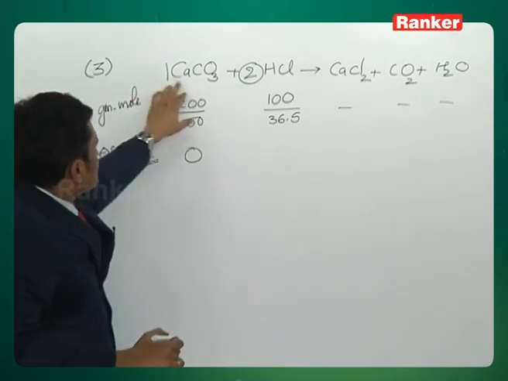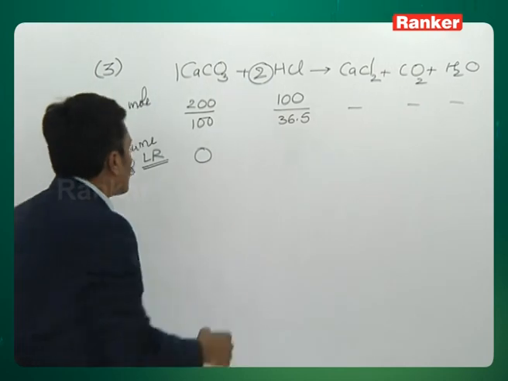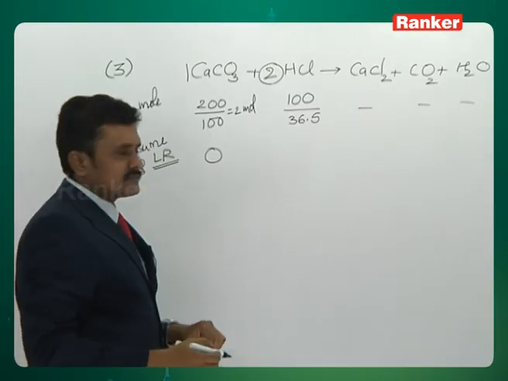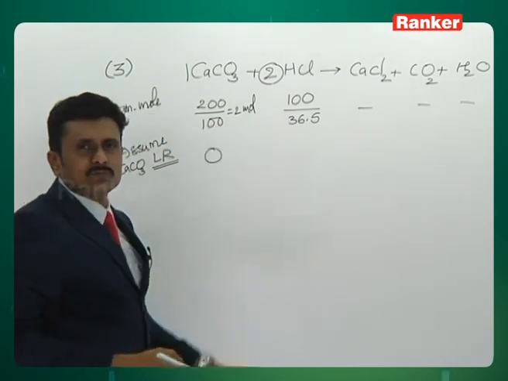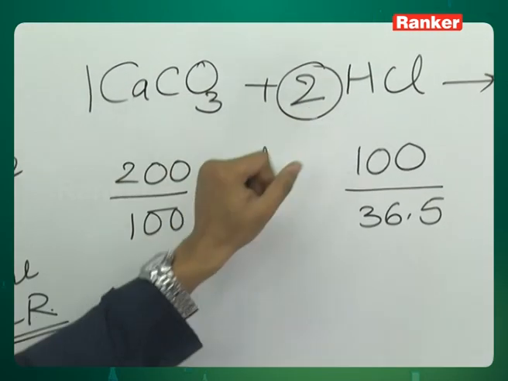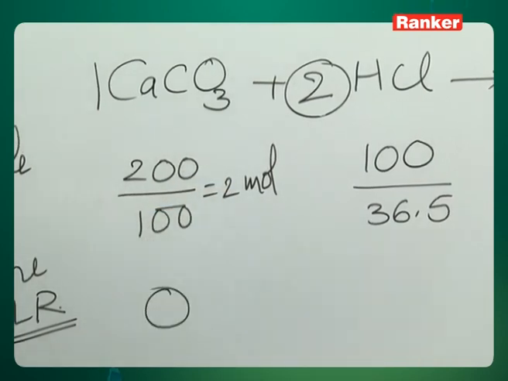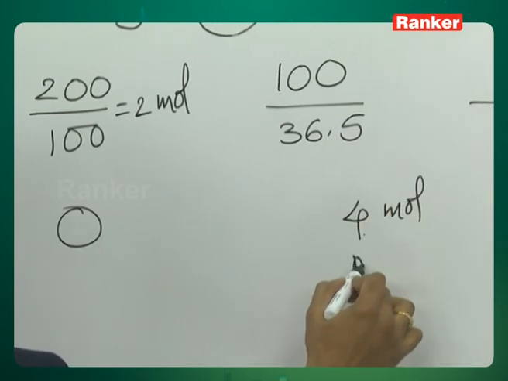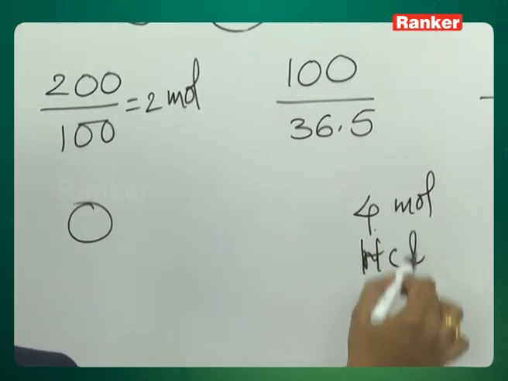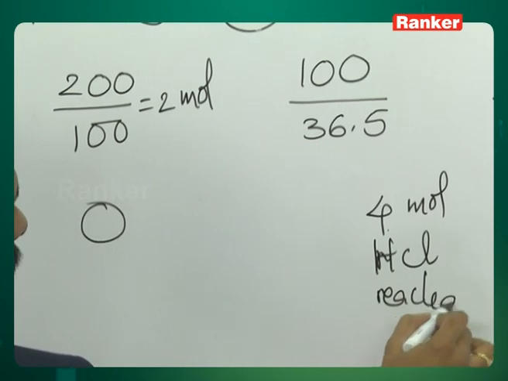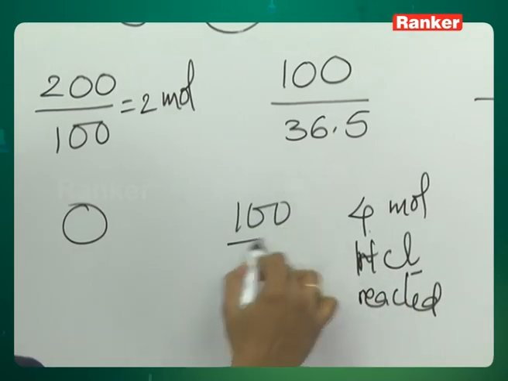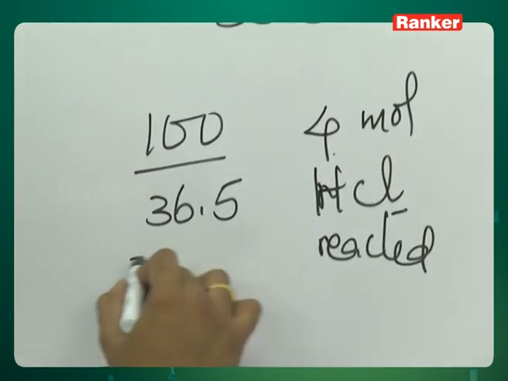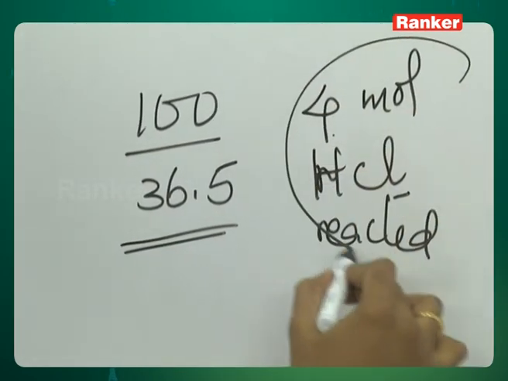And how many moles have I taken here, my dear students? 2, right? This division will give you the value 2. For every 1, if 2 moles have reacted, for every 2, how much will react? Obviously 4. So 4 moles of HCl is what we anticipate reacted. And how many have you taken indeed? You have taken initially 100 by 36.5. So for 100 by 36.5, can you expect 4 moles to react?